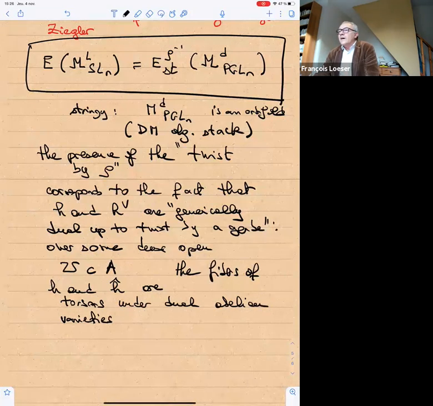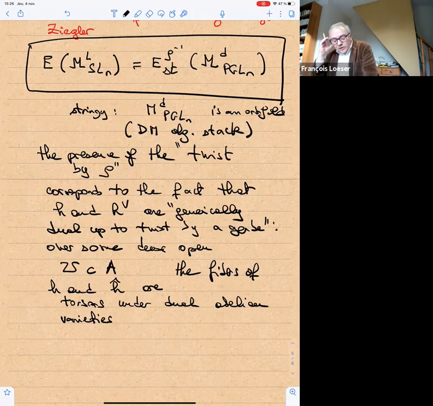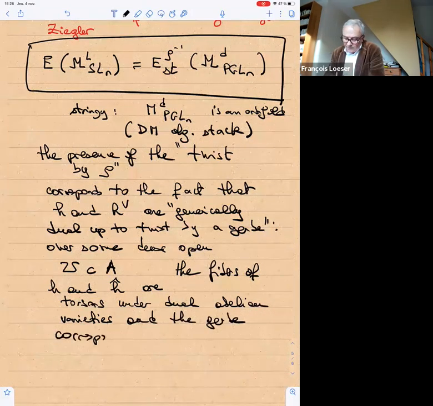So the fibers are dual, except that it's only torsors. So there is some twisting, and the gerbe corresponds to the connection between these torsors.